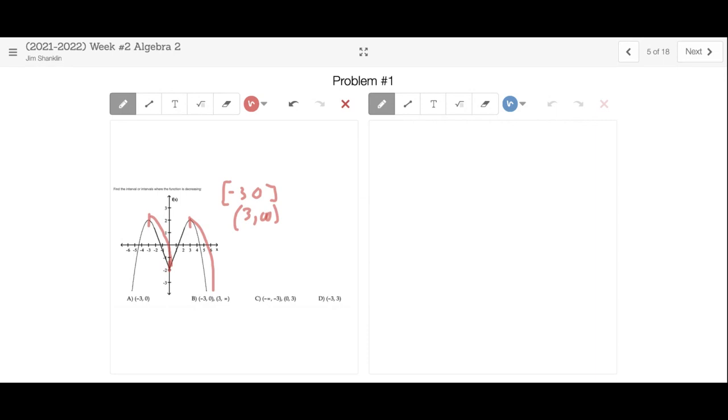If there's no open dot or closed dot, you have to assume those graphs keep going down. Where did I get the 3? For the -3 or the +3?